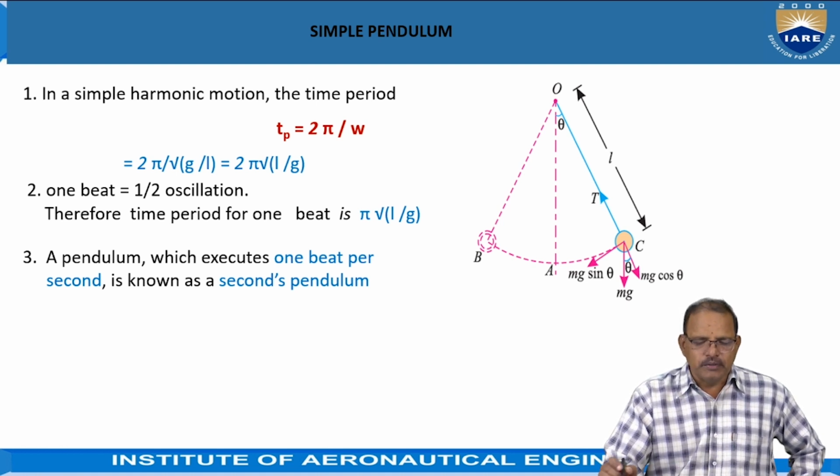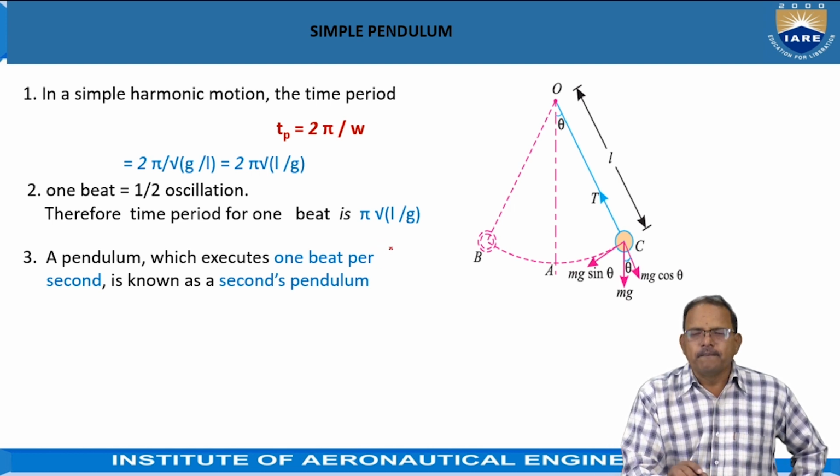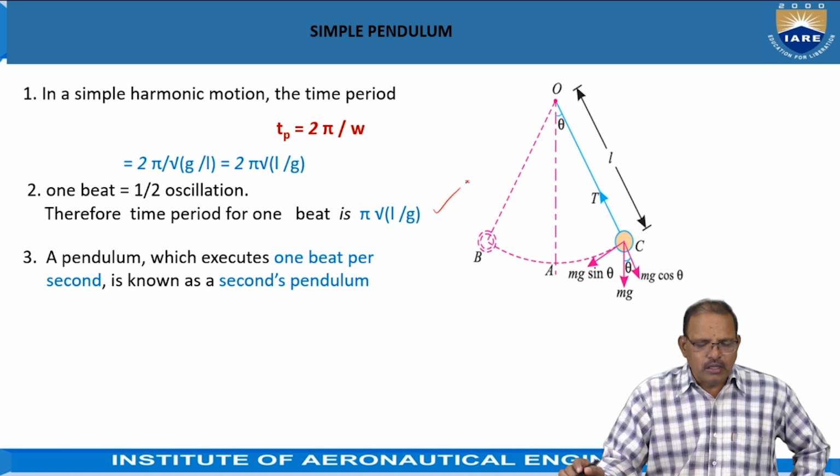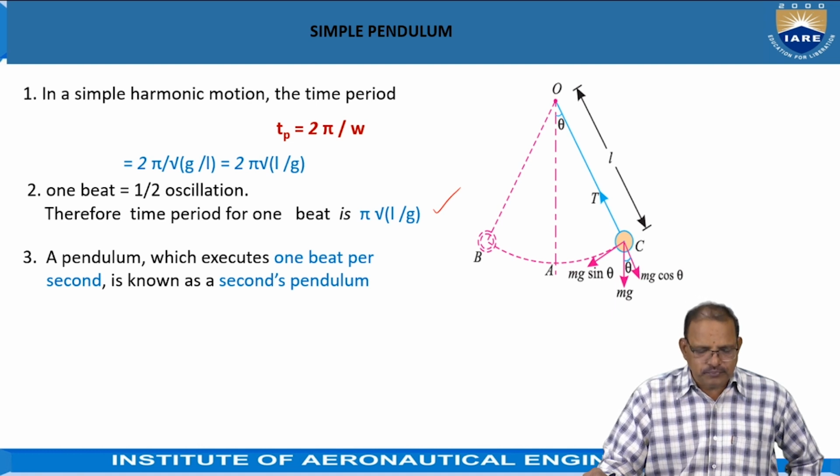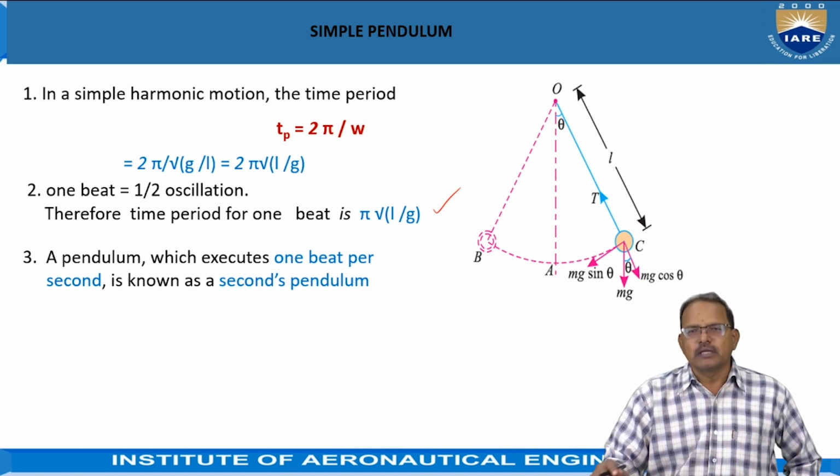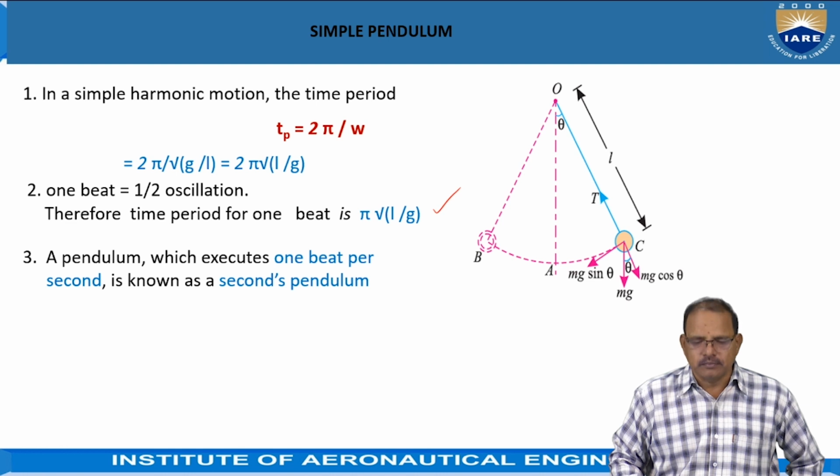For the simple pendulum, it is equal to 2 pi into the square root of L by g. One beat means half of the oscillation, which is equal to pi into the square root of L by g. If a pendulum executes 1 beat per second, then that type of pendulum is called a seconds pendulum.